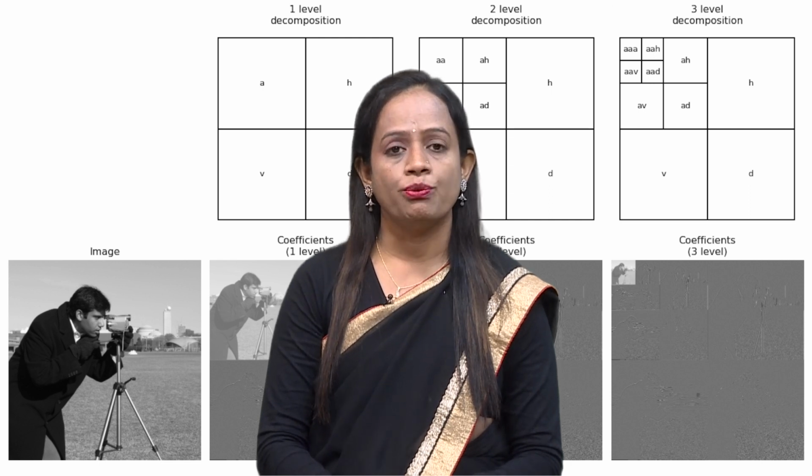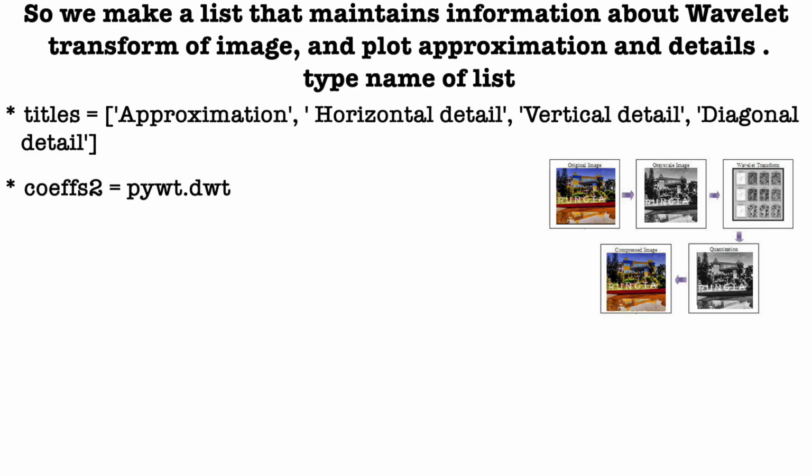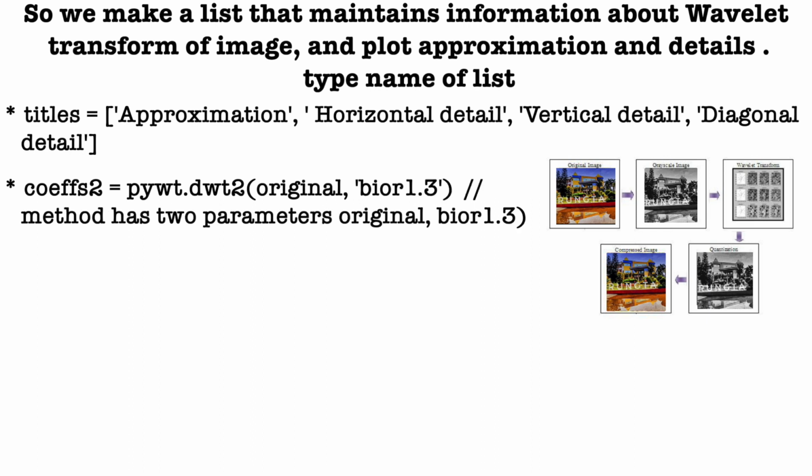For this, we can type coefficient 2 equal to pywt dot dwt2. It will take two parameters, original and bior1.3.